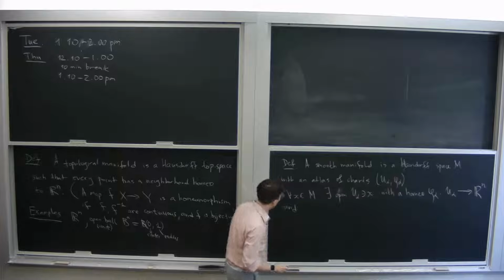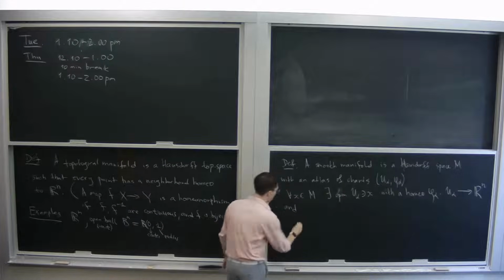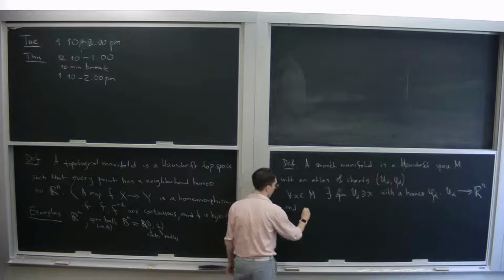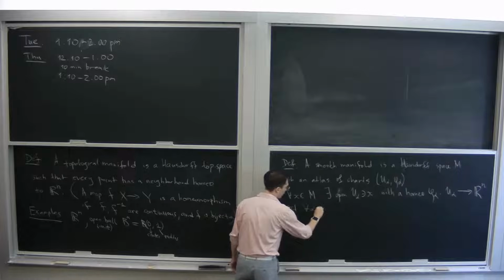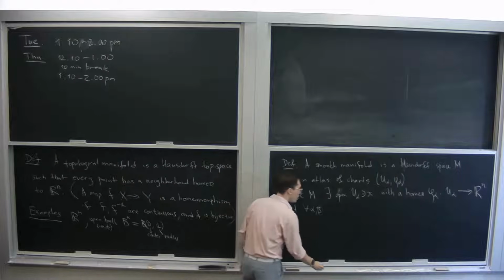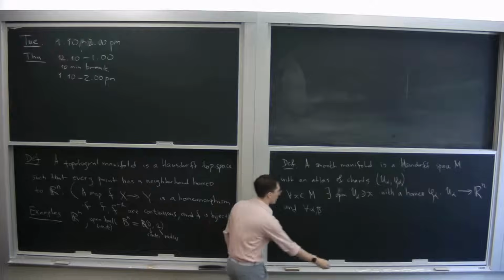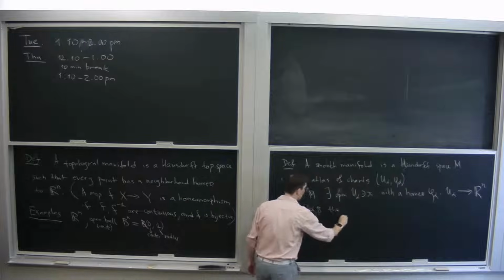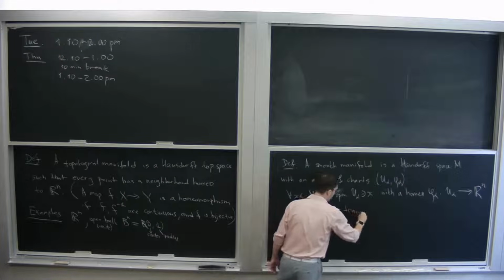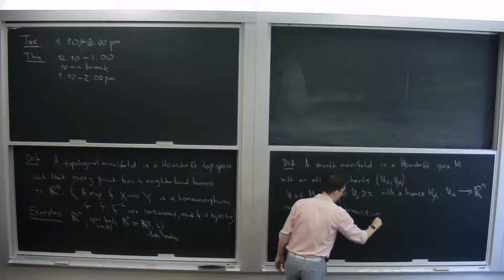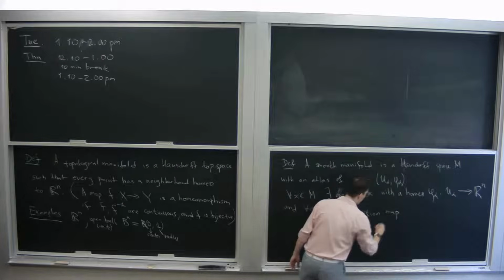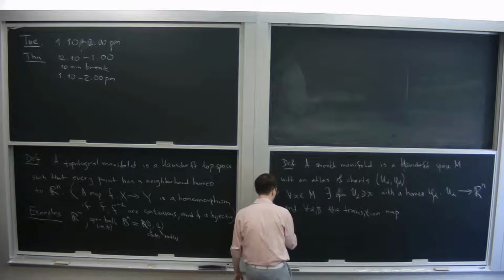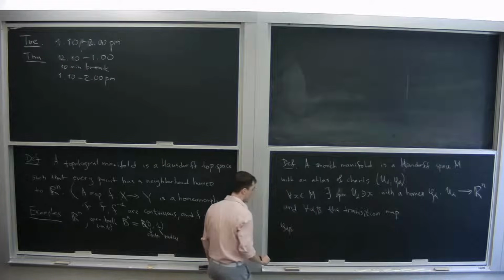And for every two intersecting charts, for every pair alpha and beta, we have the following: the transition map, denoted by phi alpha beta.